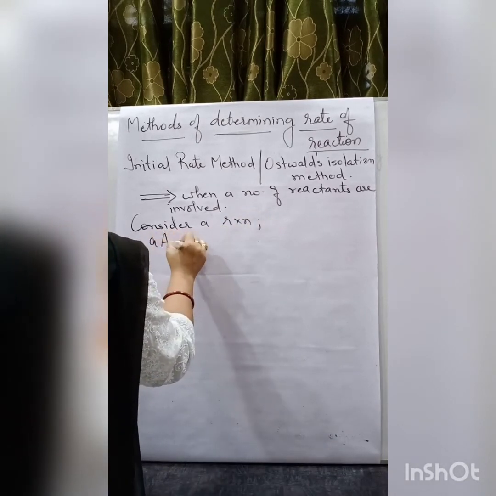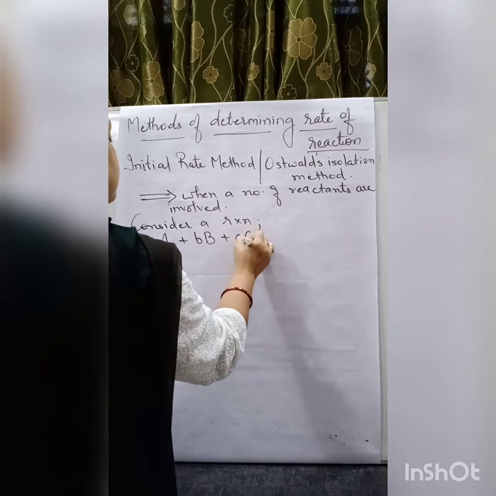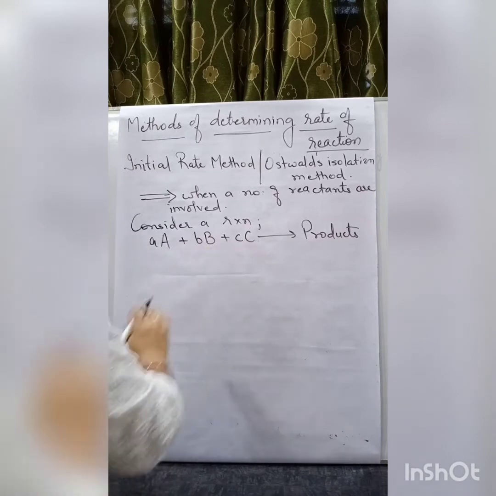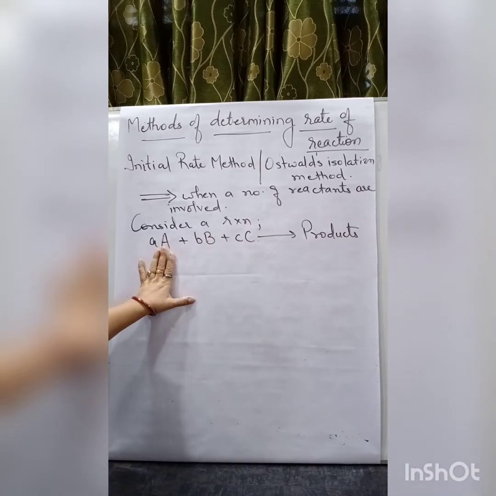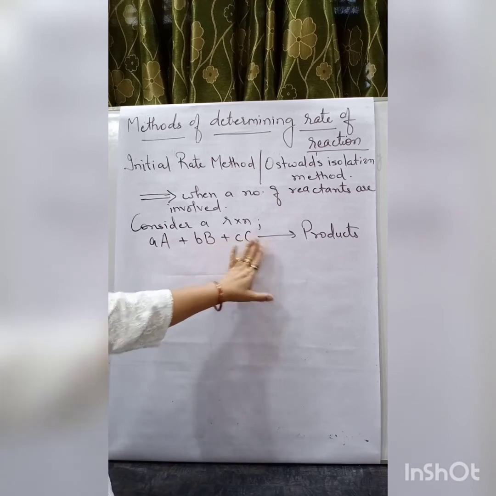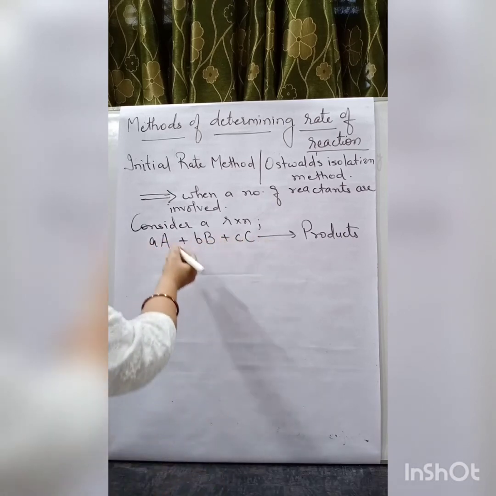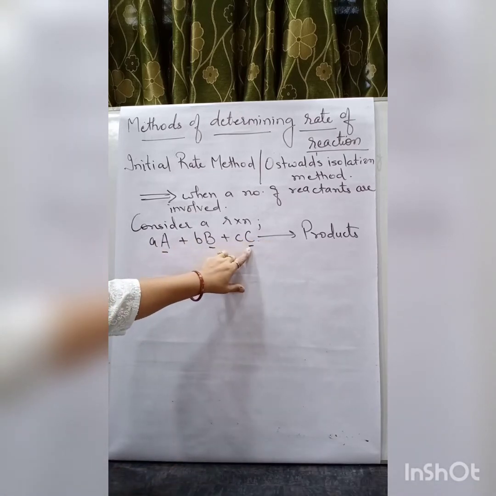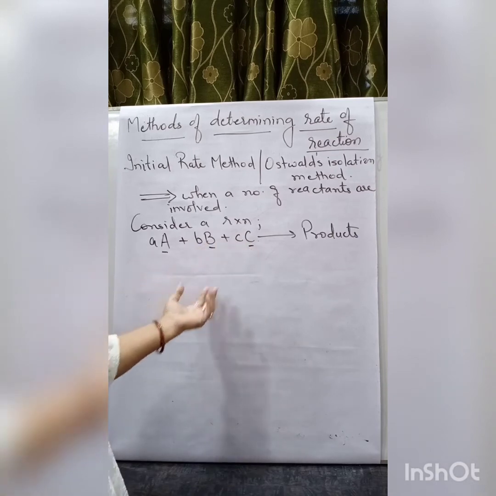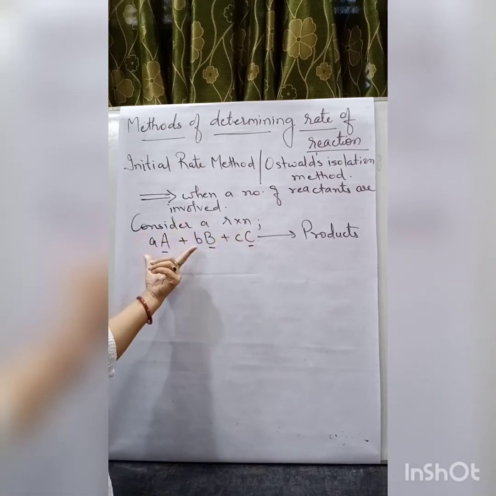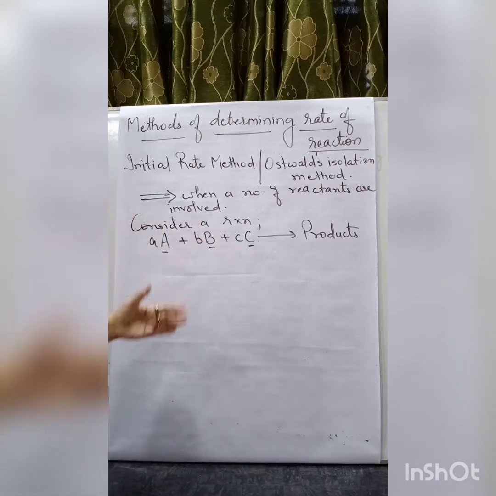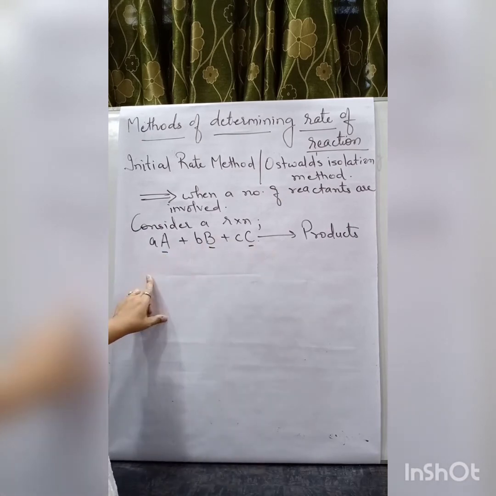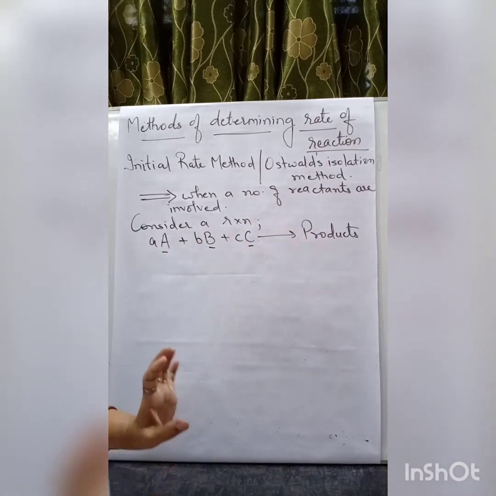Consider a reaction having a number of reactants. Let's suppose A plus B plus C gives products. We have 3 reactants involved. Now, the rate of reaction is determined in this case by taking the known concentrations of A, B and C. Keeping the concentration of any two constant and changing the concentration of any one, you can get the rate expression with respect to that particular reactant.